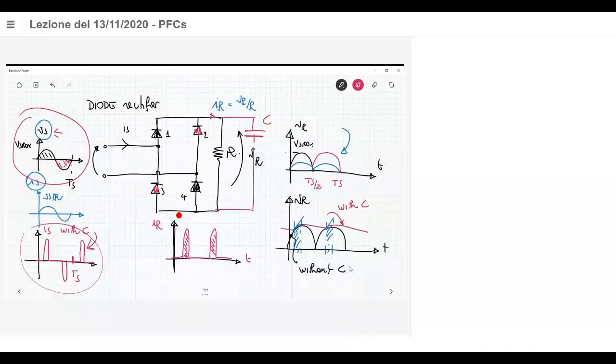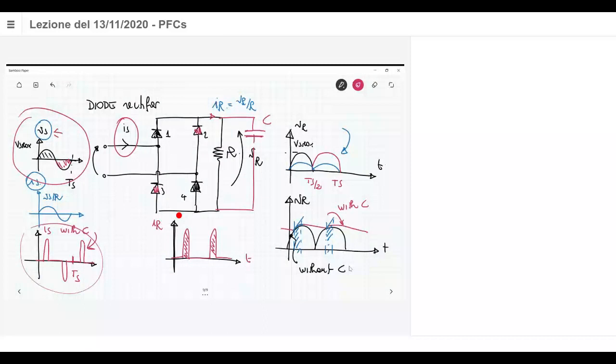The presence of this current, which is highly distorted due to this mechanism, can be harmful to the operation of equipment and apparatuses that are near this rectifier. First of all, you are absorbing a current from the mains, your fixed source of energy, which has a lot of harmonics.